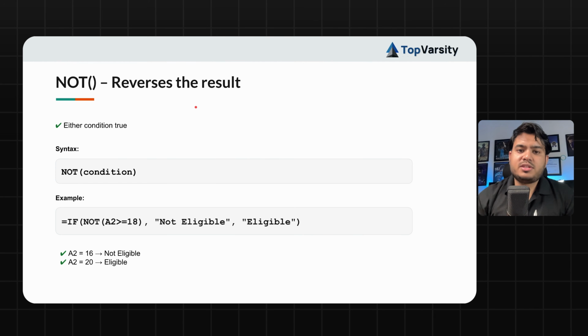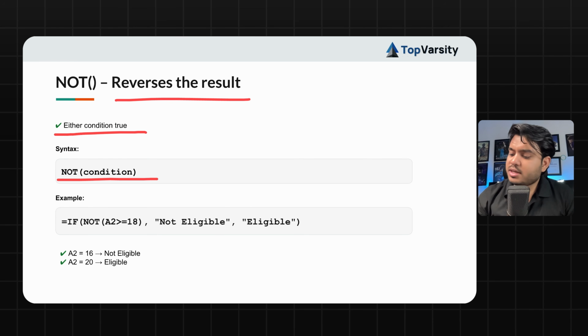So this is the use of the OR conjunction. Now next is NOT. NOT reverses the result, so whatever result you get, it will reverse it. For example, if NOT A2 is greater than 18, then not eligible, and if it is greater than 18, then it's eligible.